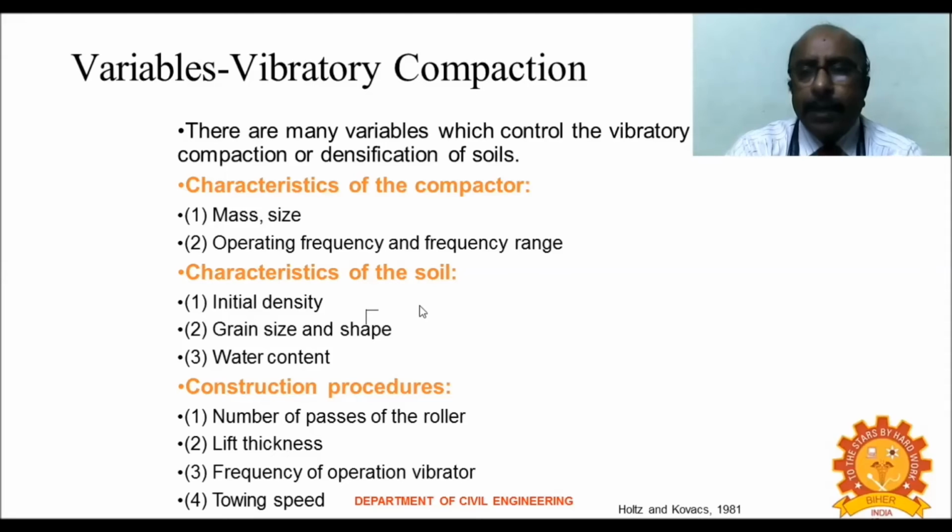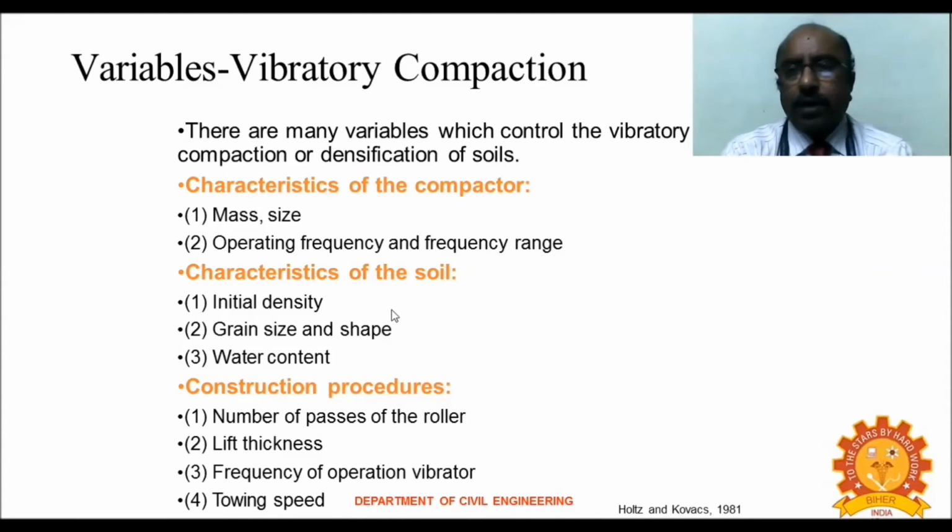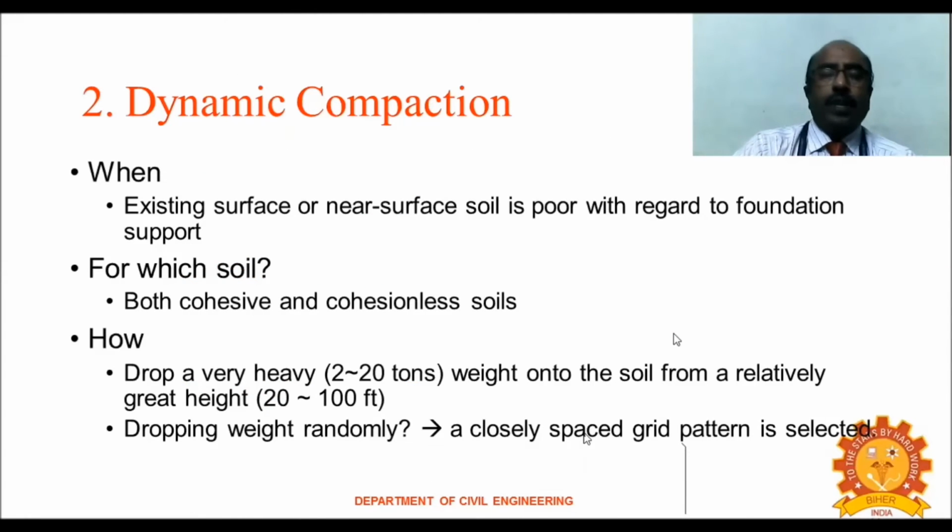Accordingly, we can use a particular type of equipment, thereby achieving the required compaction in the field. And we should also know the construction procedures: for that particular soil, the number of passes of the roller required, the lift thickness, the frequency of the vibrator, and the towing speed. That also should be known, so we can implement the method efficiently.